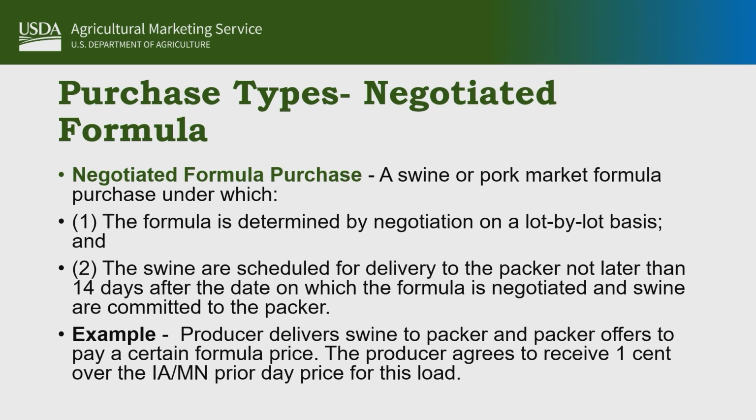Back in 2016, they added negotiated formula. This is a swine or pork market formula where it's done on a lot-by-lot basis, and they're scheduled to deliver no more than 14 days out. This doesn't get used that often, so again, you just have to have 14 days out and lot by lot.